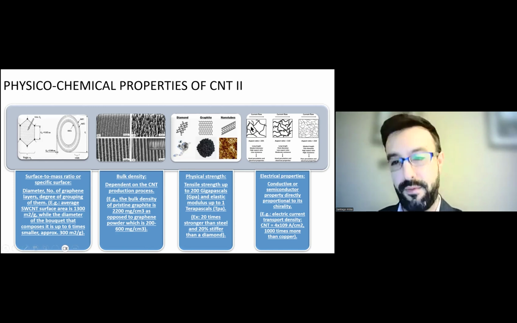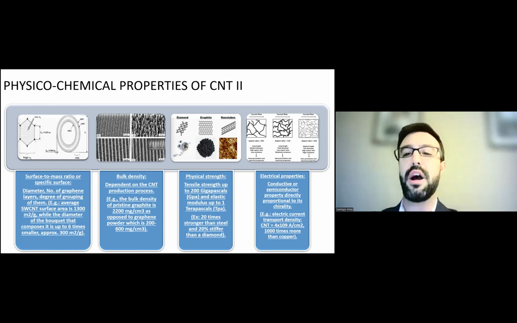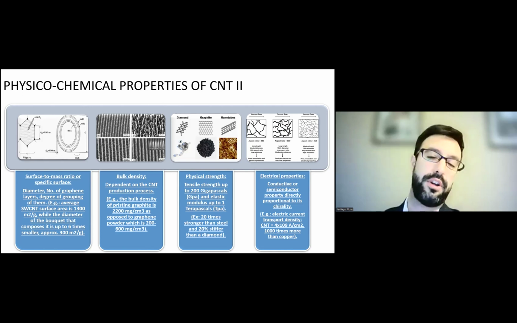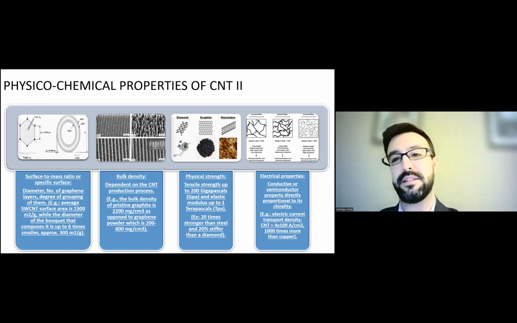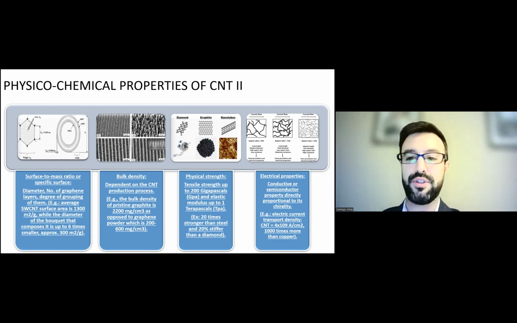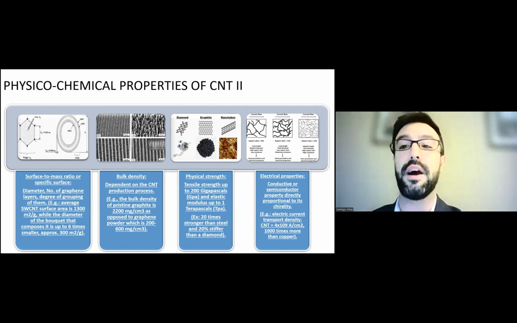Then we can see the physical strength that was mentioned before: the tensile strength up to 200 gigapascals and elastic modulus, which goes up to 1 terapascal. To put it in other words, this means that carbon nanotubes can be up to 20 times stronger than steel and 20% stiffer than diamond.